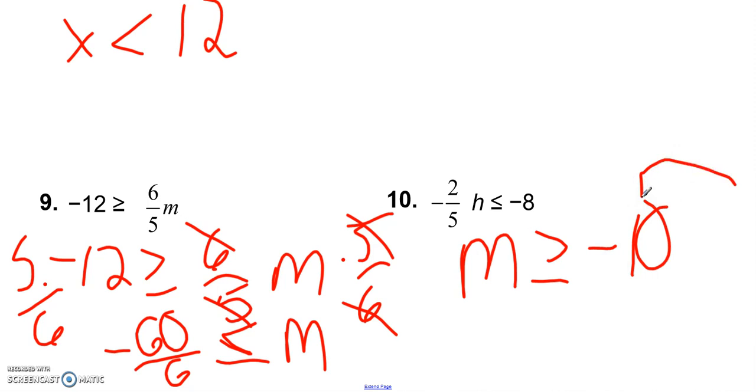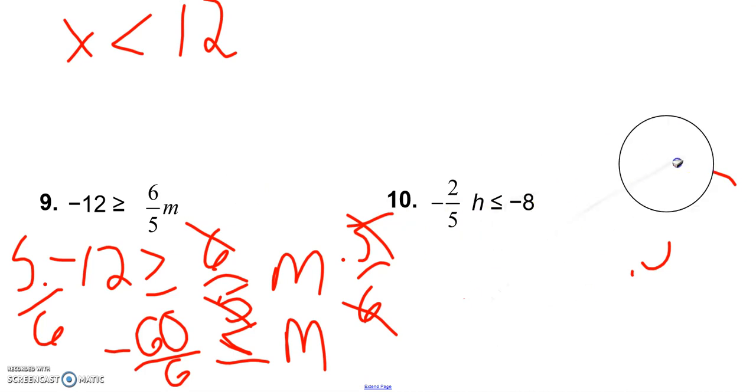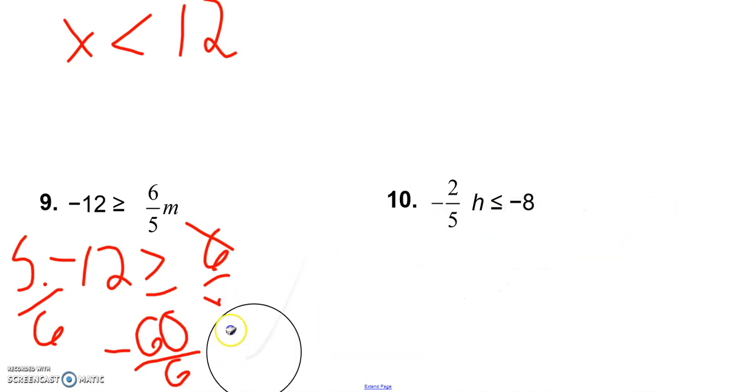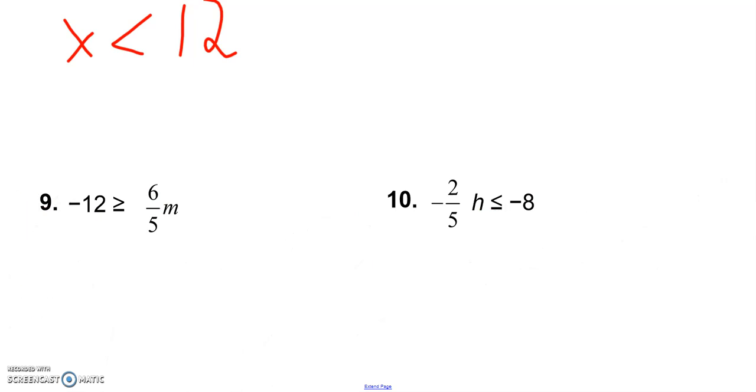Oh wait, I didn't have to switch my sign because I just messed this up. Which should just tell you that even teachers make mistakes. They tried to trick us by doing negative number stuff, but since I had to multiply by 5 over 6, I'm not multiplying by a negative number, so I don't have to switch the sign.